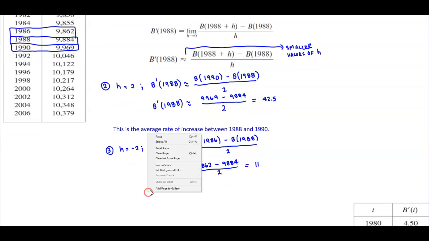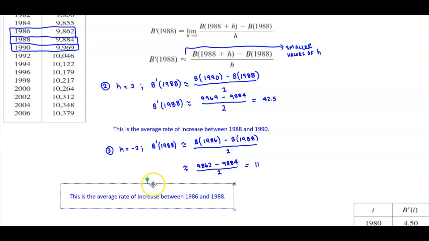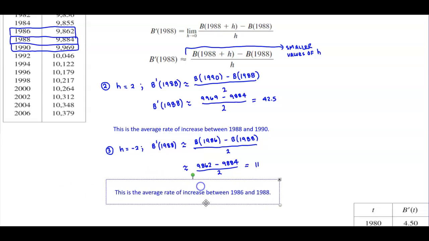So now what does this tell us? Well, this tells us that this is the average rate of increase between 1986 and 1988. If you look over here, 1986 is to the left of 1988, and 1990 is to the right of 1988.